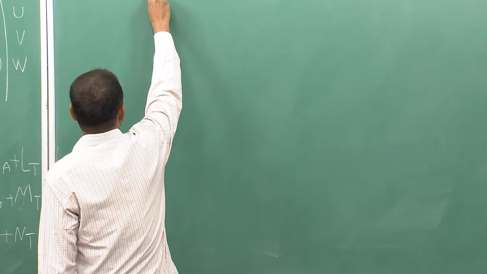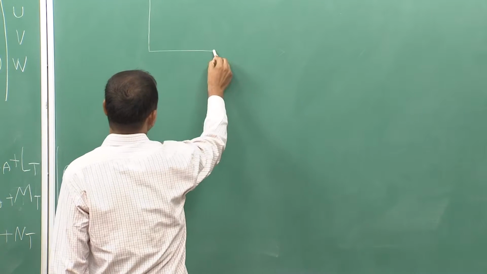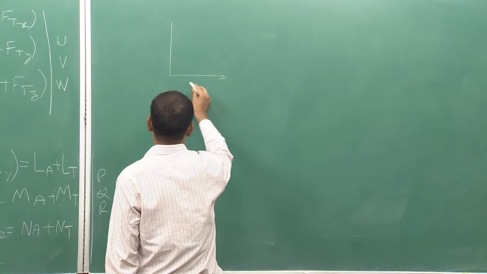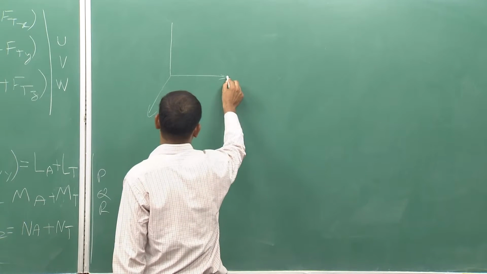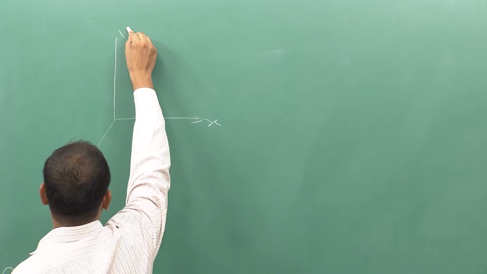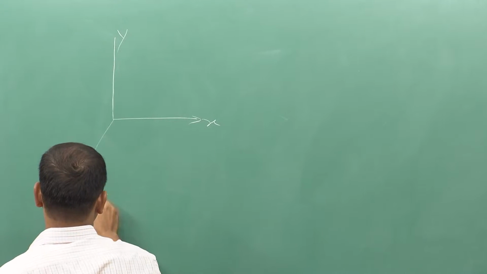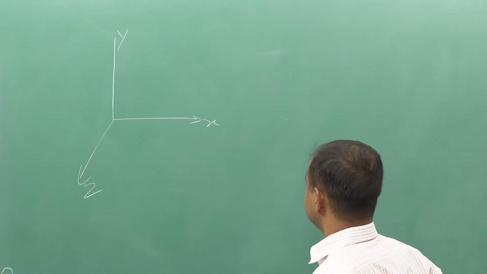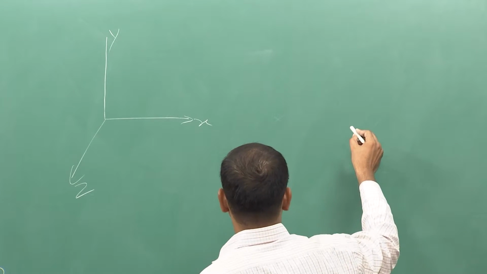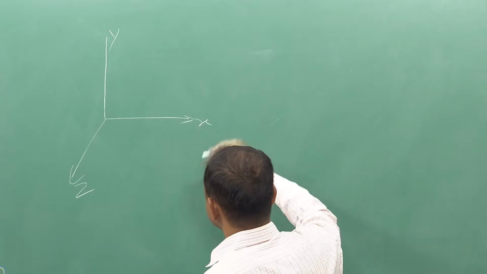Suppose this is our inertial frame. These are three axes x, y and z, in the inertial frame.